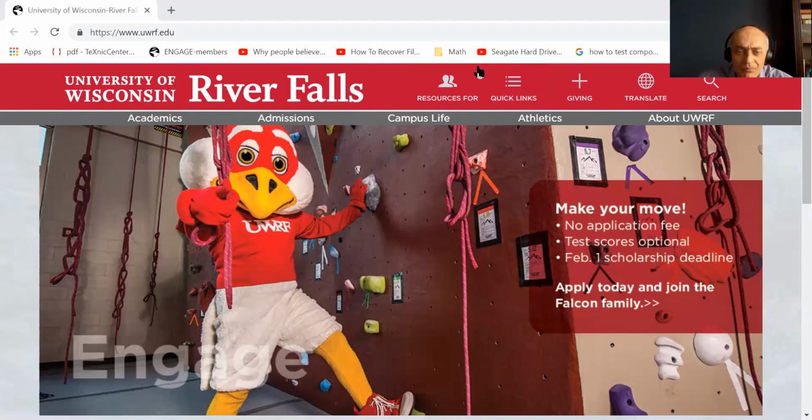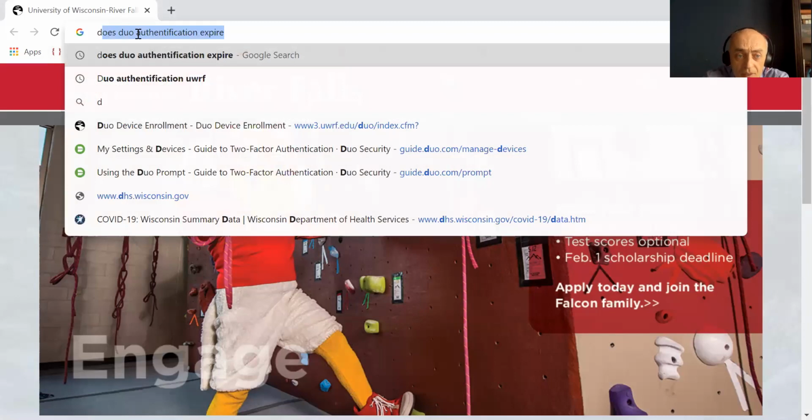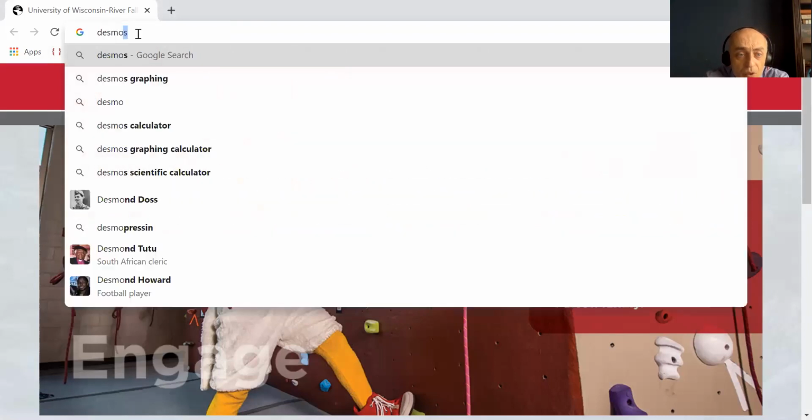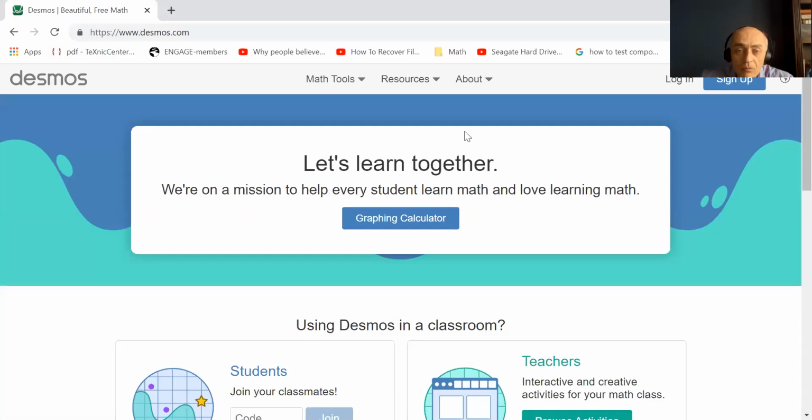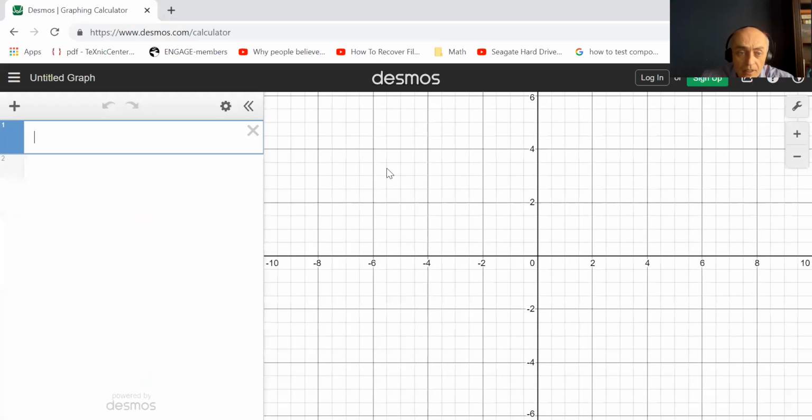All right, so I'm going to share this page, and as I said, we go to Desmos. Got to open up desmos.com. Okay, and a graphing calculator, and we are going to graph that particular function.